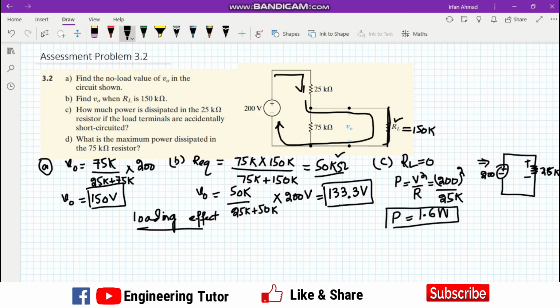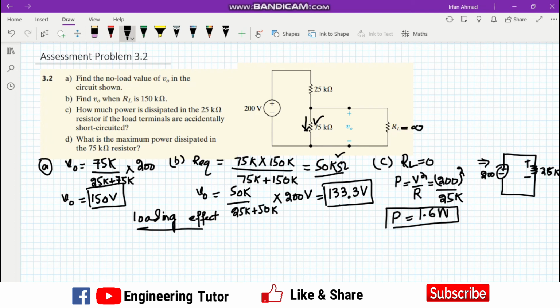What is the maximum power dissipated in the 75 kilo ohm resistor? This is also a very conceptual question, because the maximum power will dissipate across this 75 kilo ohm resistor when the maximum current flows through it, and that is only possible when RL is infinity.